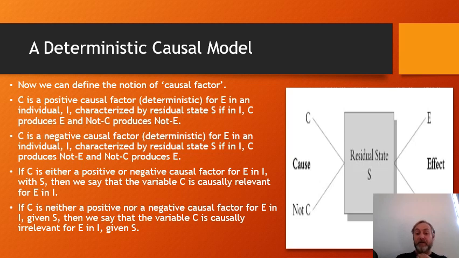So here we're talking about deterministic. What we're saying is anytime you got the cause, you got the effect, that would be causally relevant. Anytime you don't have the cause, you don't get the effect, that would be causally relevant. But if it's not that reliable, then in this particular model, deterministic individual causation, we say causally irrelevant.